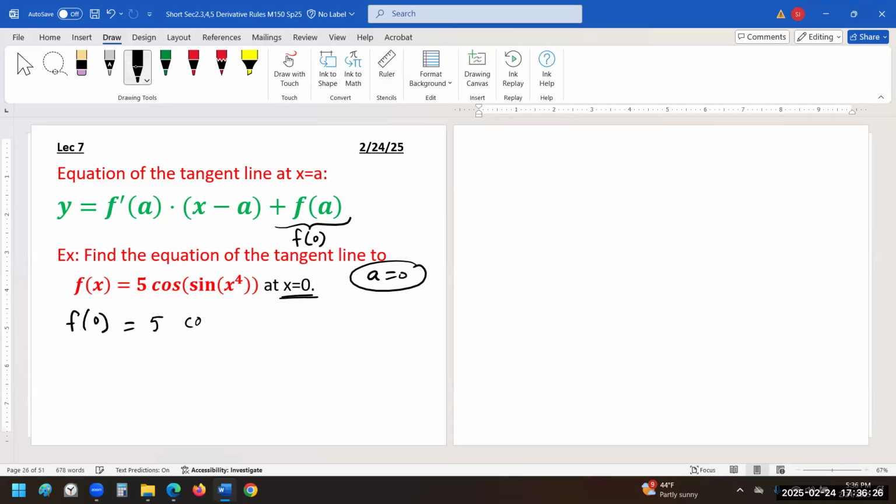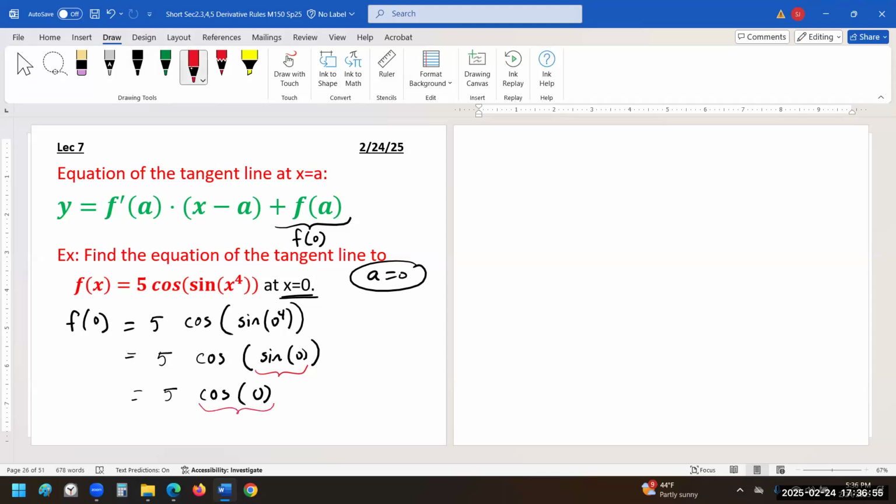So 5 times cosine of sine of 0 to the 4, which is the same as 5 times cosine of sine 0. And what is sine 0? Sine 0 is 0. So we have 5 cosine of 0. And then what is cosine 0? 1. So we have 5 times 1, which is 5.